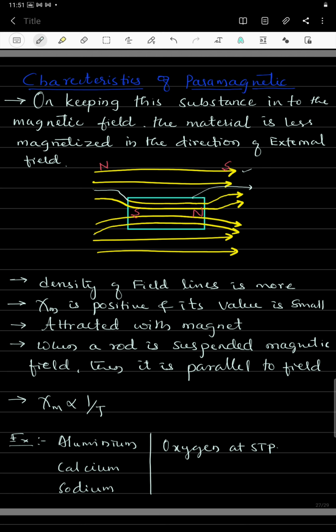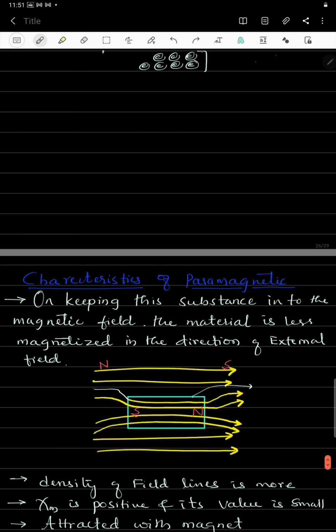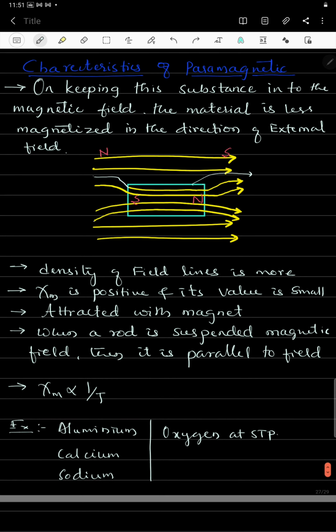And the density of the field lines is more here. See here, if you are not placing any magnetic material, then the field lines move like this as a straight line. Now I am placing a magnetic material, and that magnetic material is a paramagnetic material. Then what will happen here?